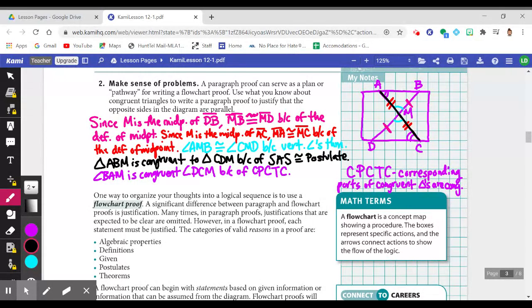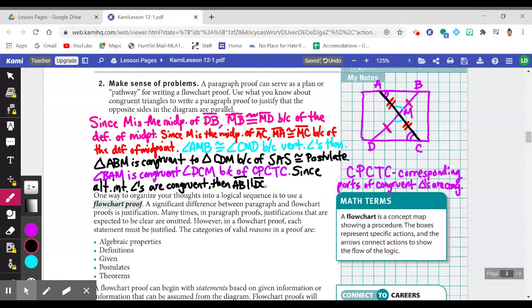So we can say, since alternate interior angles are congruent, then line segment AB is parallel to line segment DC.